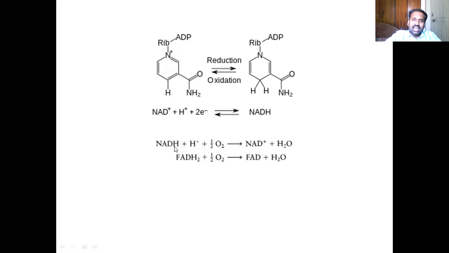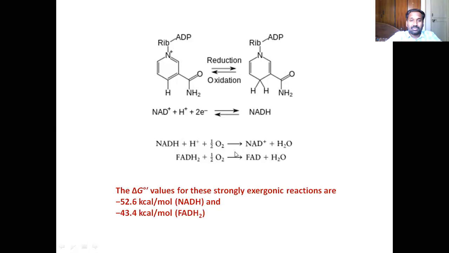So if oxygen oxidizes NADH to NAD+, how much energy is liberated? Minus 52.6 kilocalories per mole. Huge amount of energy, right? How much energy is liberated when an ATP is hydrolyzed, when an ATP becomes ADP? 7.3 kilocalories per mole.